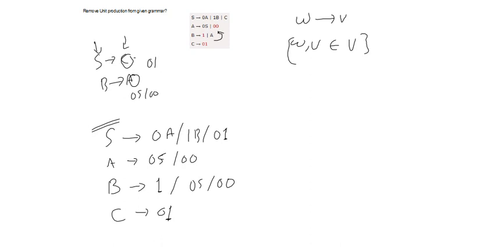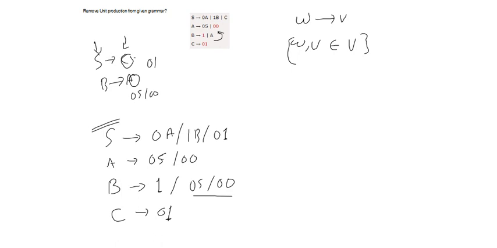So the production becomes B implies 1 slash 0S slash 0, 0. Then C implies 0, 1 doesn't have any unit symbols.